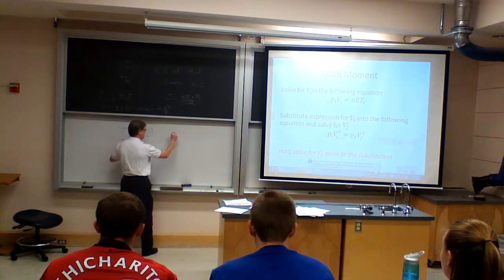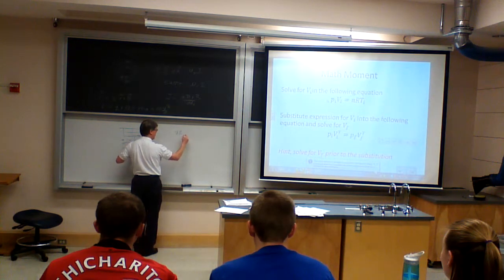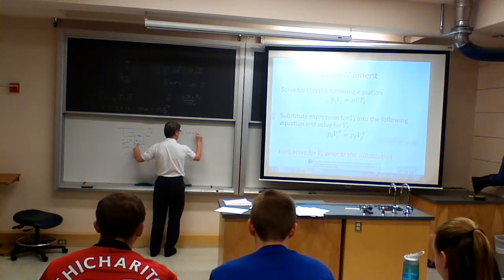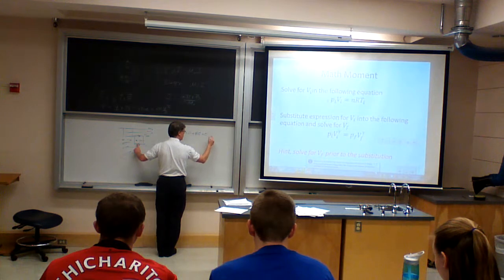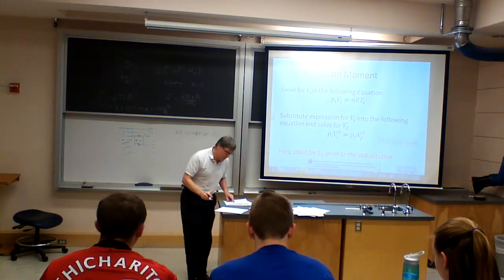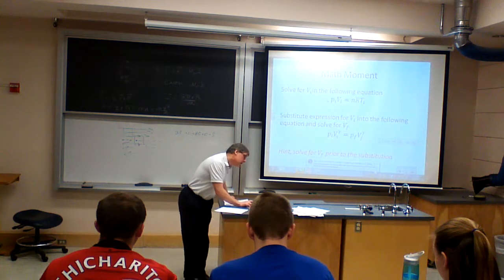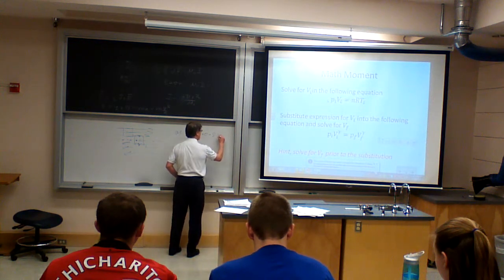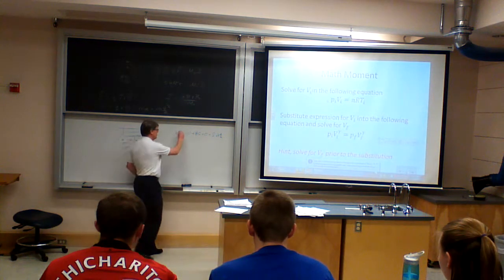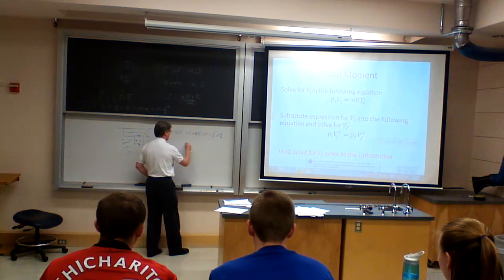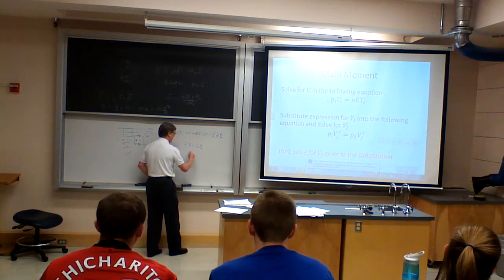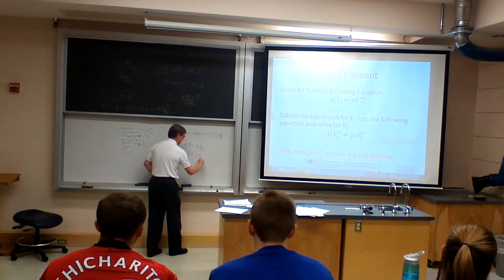The top will be B times L plus 0, and then again plus B times L plus 0 equals the current inside, which is L times 2 amps per meter. The L's cancel. We have 2B equals 2 amps per meter, or B equals 1 amp per meter.